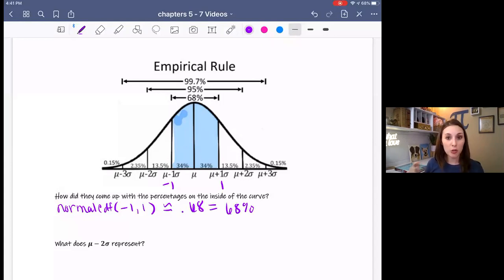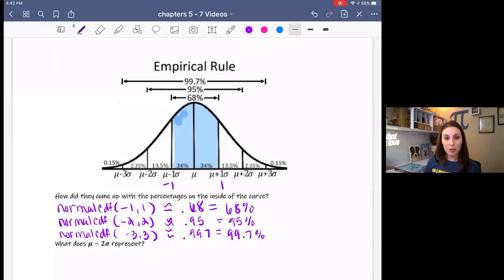Now do it for 2 standard deviations and 3 standard deviations, above and below. So if you typed those in, you should get that when we are finding the area of a value that is 2 standard deviations above and below the mean, we get 0.95 for the area, which is 95%.